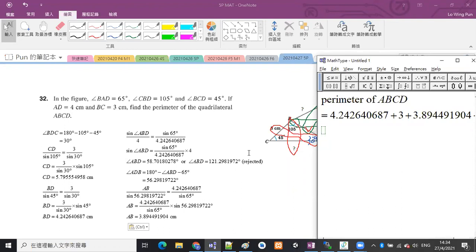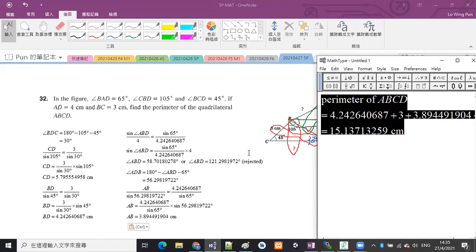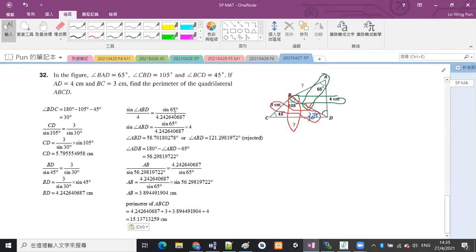Let me see. So I think I may have something wrong. Okay, so I've got 15.1371325.9 cm. But I think I have got something wrong. But never mind, I will amend it tomorrow. It's okay. But the concept, the steps will be like this.